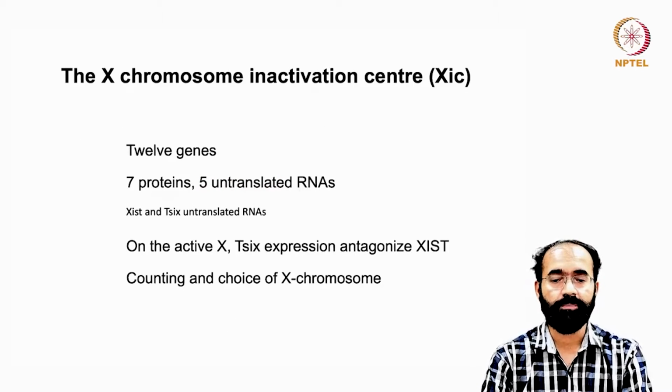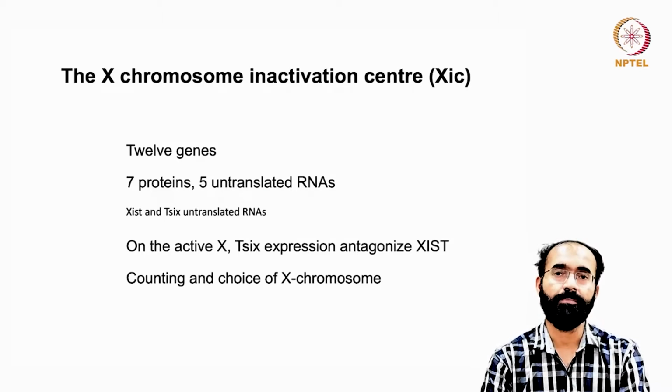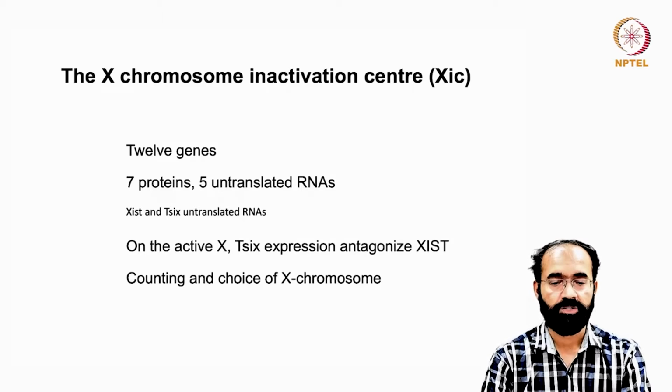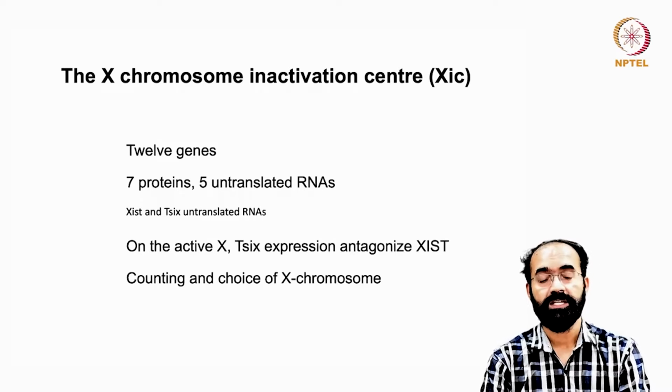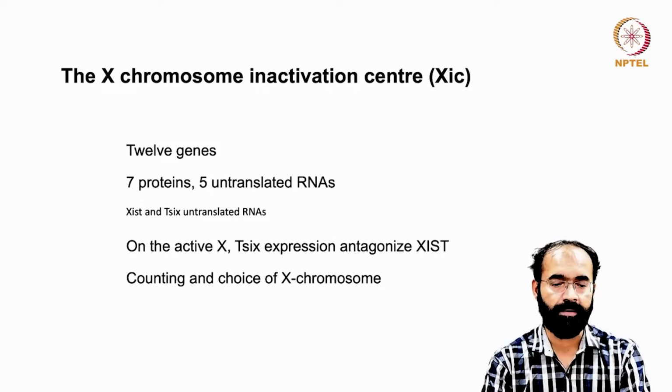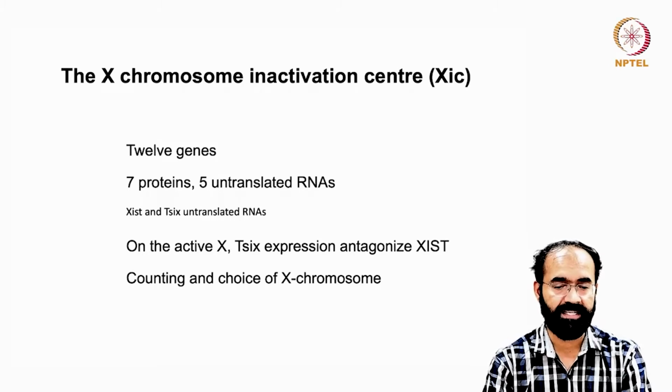The X chromosome inactivation center has many genes. They are all meant for inactivation purpose. Roughly around 12 genes are there, and it can give rise to 7 proteins and 5 untranslated RNAs. Xist and Tsix are two of the 5 untranslated RNAs in the X inactivation center.